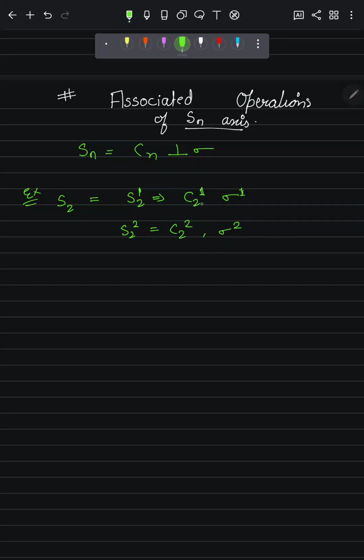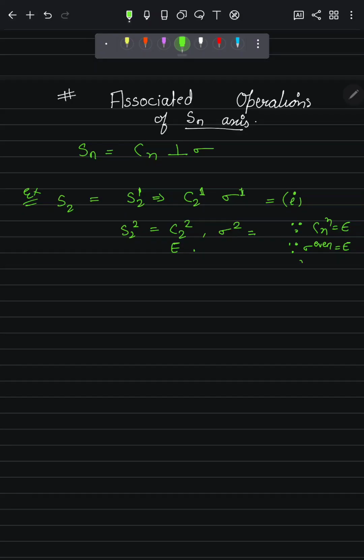So we know that anything to the power n, Cn to the power n is equal to identity. So here this value will become identity, and we also know that sigma to every even power is also identity.